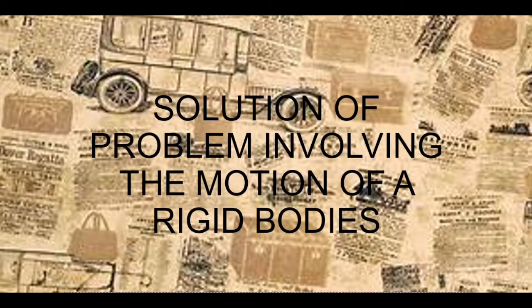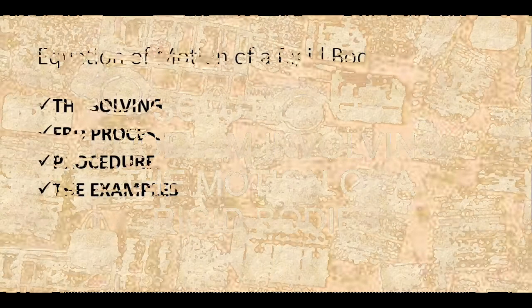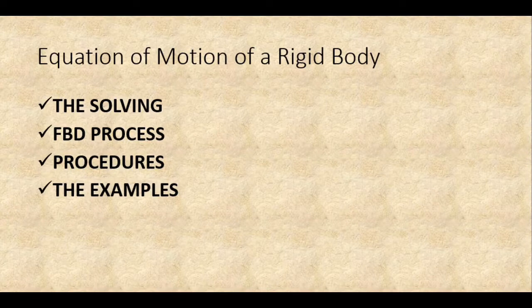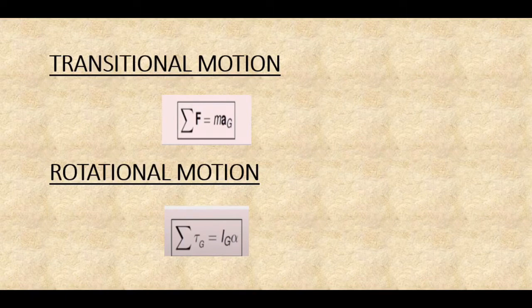The solution of problems involving the motion of rigid bodies. In this equation of motion of a rigid body, we have the FBD process, the procedure, and the example. When we look at the equation of motion of a rigid body, there are two equations that are important.